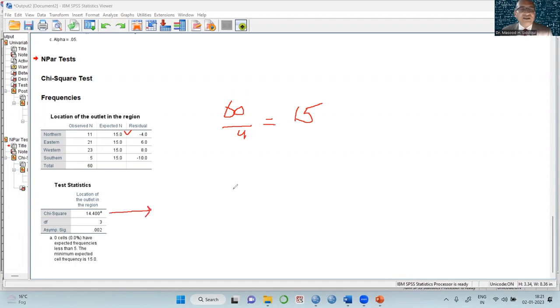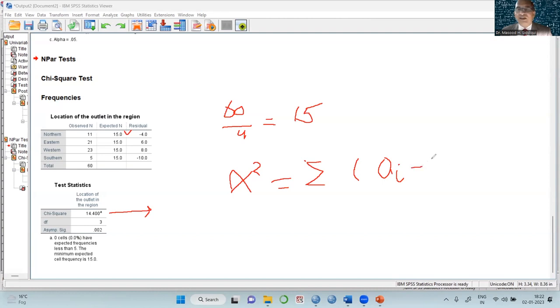This is the chi-square statistic as we have discussed. The chi-square statistic is actually the sum of this. Oi is the observed value. For the northern, we have Oi as 11 and Ei as 15.